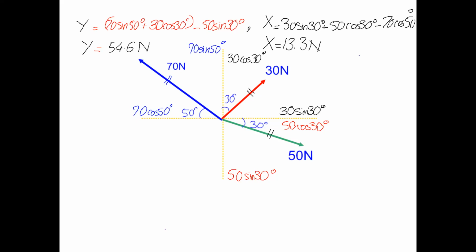Yes, I did. It's the same. 30 sin 30 plus 50 cos 30, and then minus 7 cos 50. Minus 70. Oh, it was not 7. You have to be very careful. 7 was not there. It's 13.3.